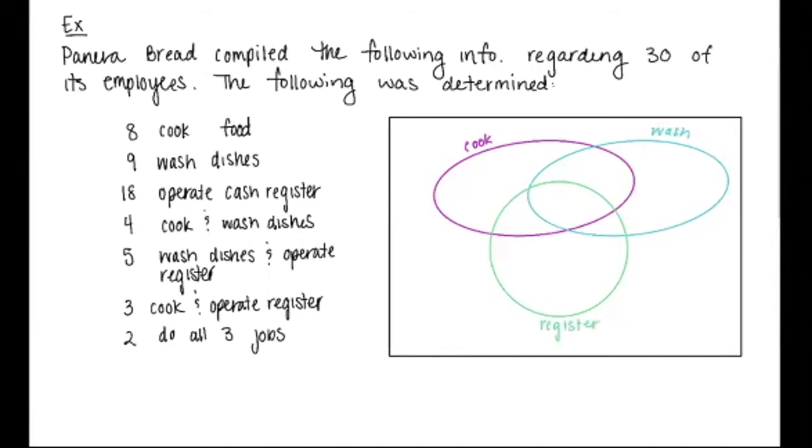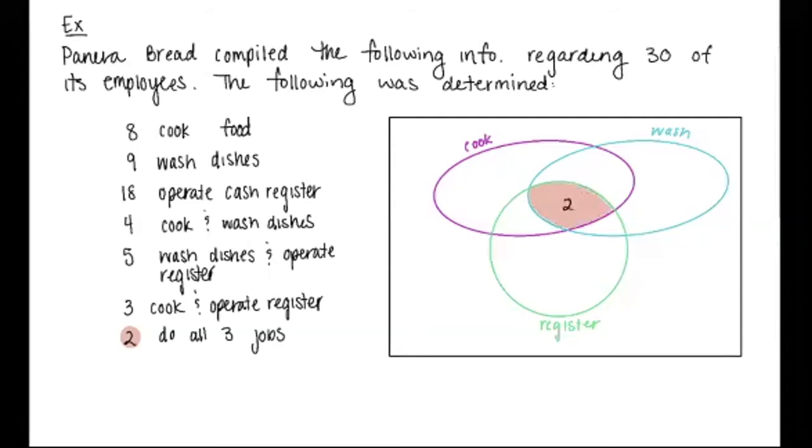Okay. So you still always start smack dab in the middle. There are 2 people that can do all 3 jobs. So in this center circle, there are 2 people that can do everything.